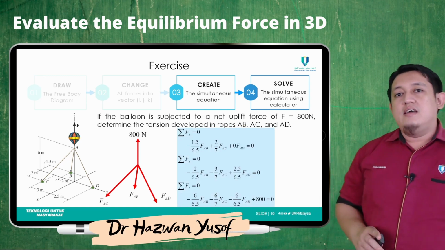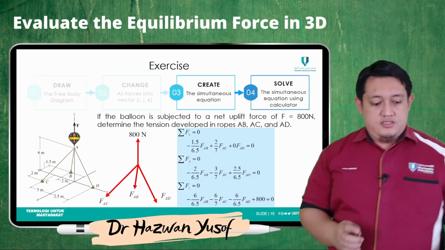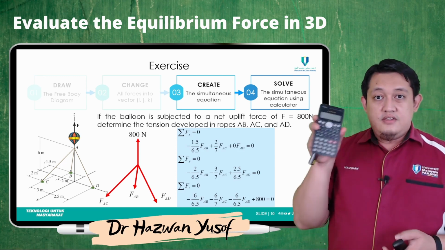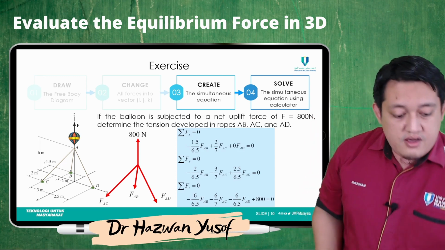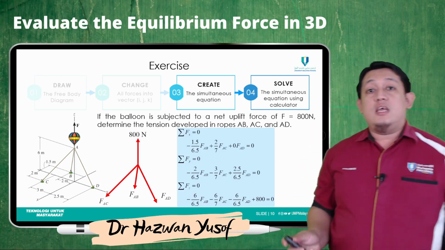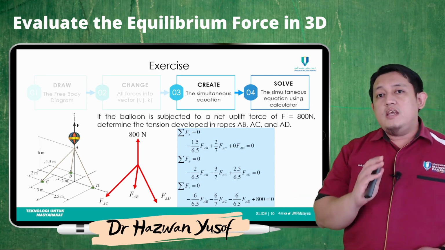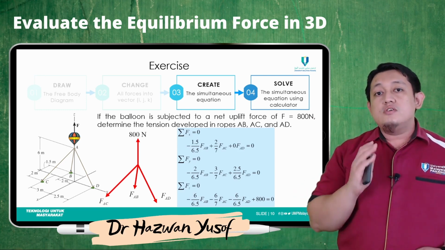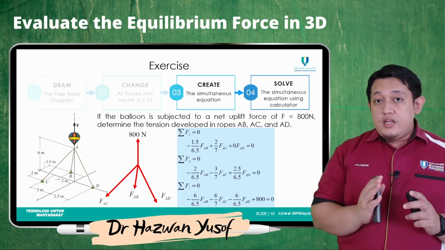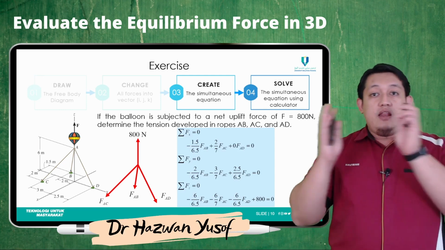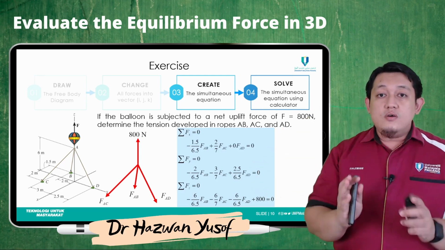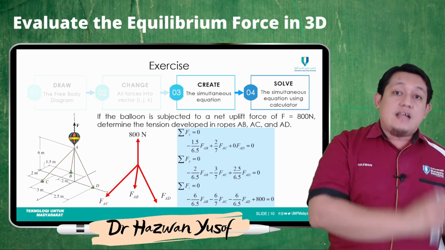These three. Because we want to use this calculator to solve the simultaneous equations, we need to rearrange the equations so that the unknown values are on the left side and the known values are on the right side.